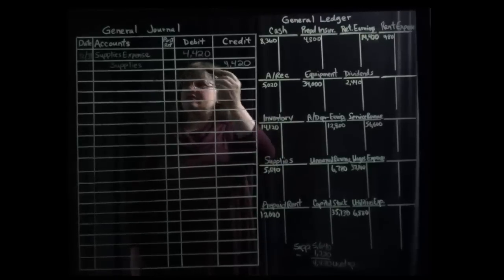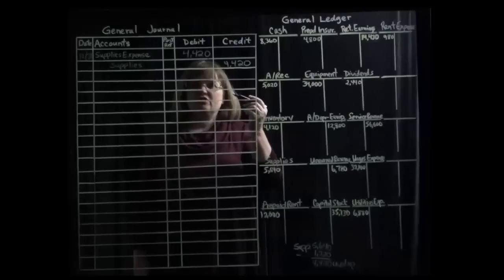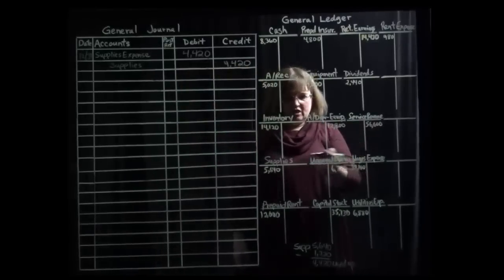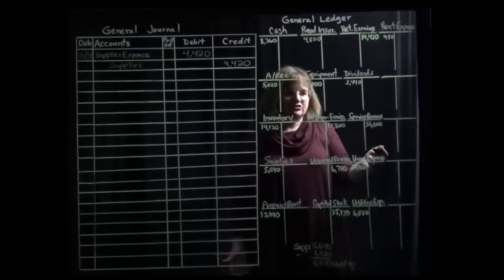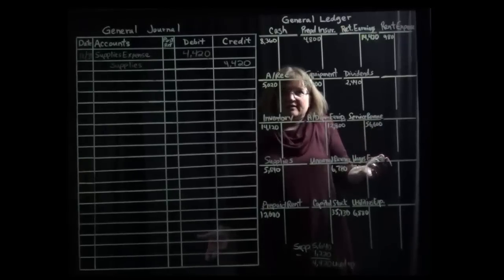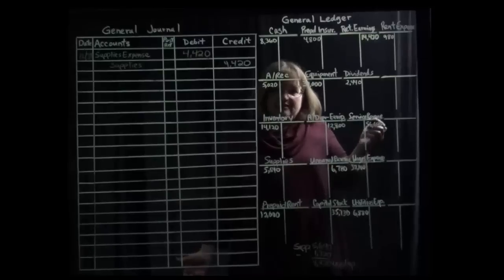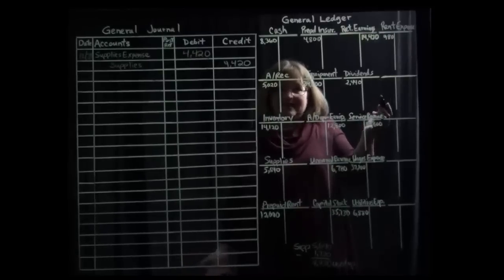When we post this journal entry into the general ledger, we're going to debit the supplies expense, and if we look at our list of accounts, we realize we don't have a supplies expense account showing. On this company's chart of accounts, they might have had a supplies expense account, but on the trial balance, it had a zero.